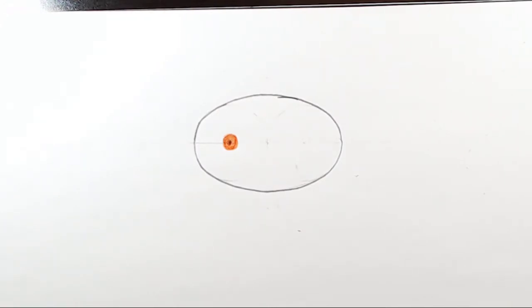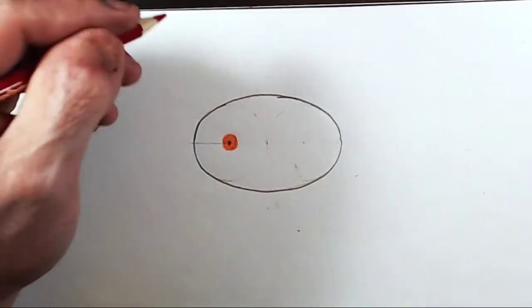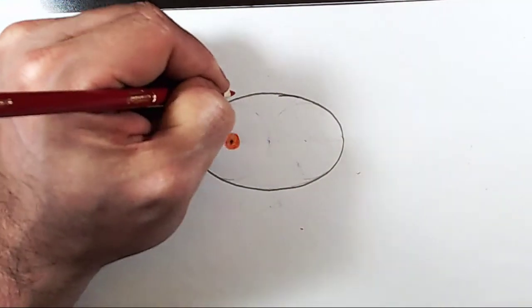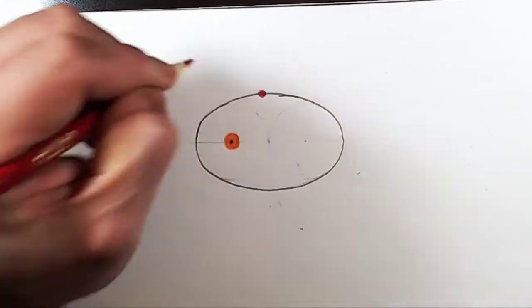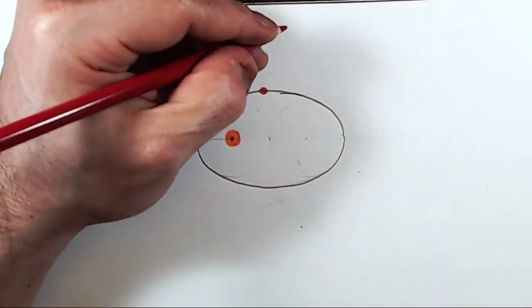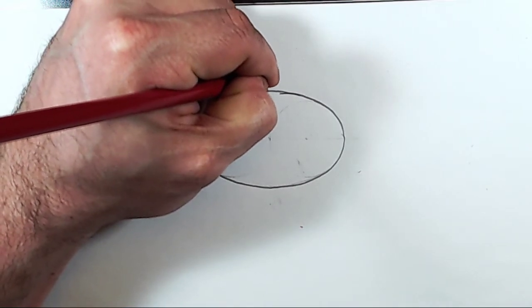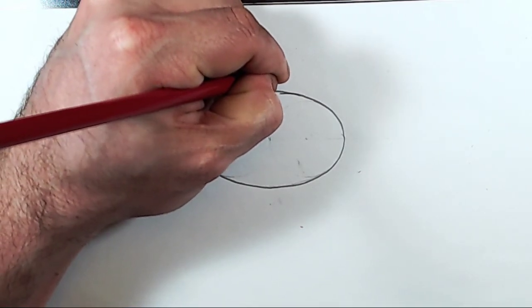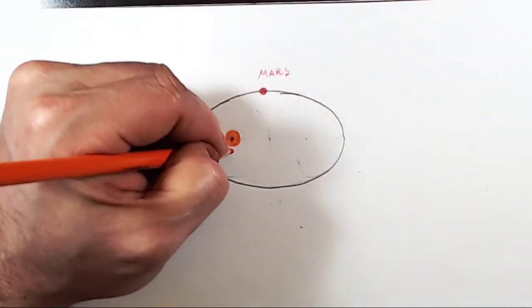And then we will calculate first the orbital period of Mars. So we'll put Mars somewhere. We'll put Mars here. This will be Mars orbiting the sun. Mars is the red planet, so this will be Mars. And this will be the sun.